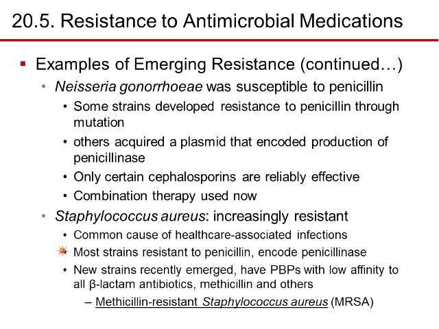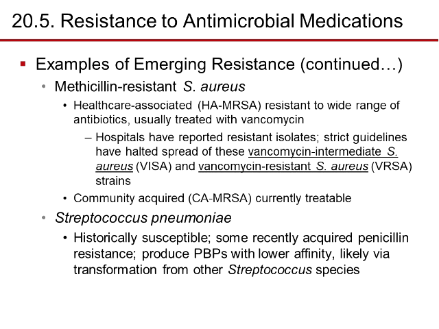It's called methicillin-resistant Staphylococcus aureus, or MRSA for short. Healthcare-associated MRSA is resistant to a wide range of antibiotics and usually treated with vancomycin. But we're starting to see resistance to vancomycin, so we have strict guidelines to halt the spread of vancomycin-intermediate Staph aureus and vancomycin-resistant Staph aureus strains. So we're trying to manage those. Also, there's community-acquired MRSA, which is currently treatable.